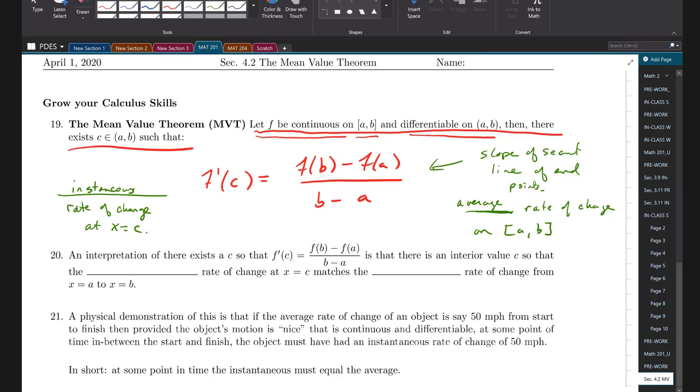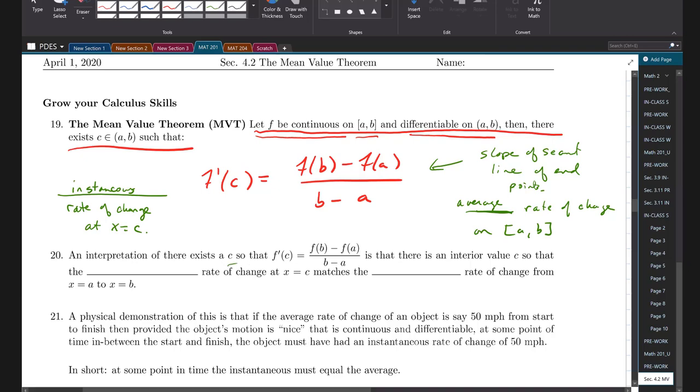So one way we can interpret this is that the mean value theorem says there is guaranteed to be a C value so that the instantaneous rate of change at x equals C matches the average rate of change.